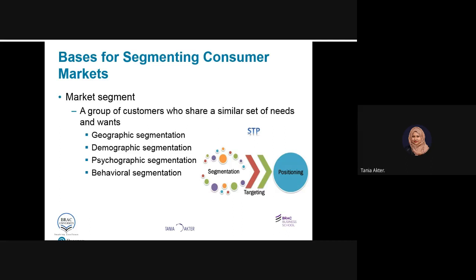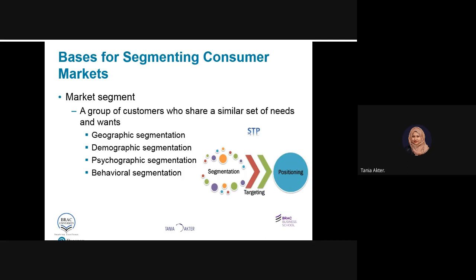So what are the bases, the factors, the variables that I choose for segmenting consumer market? First of all, you need to know what is called a market segment. A market segment is a group of consumers who share a similar set of needs and wants. You belong to a group and you have similar types of needs. You belong to university students, so you have similar needs of advising and checking class schedule, class timing.